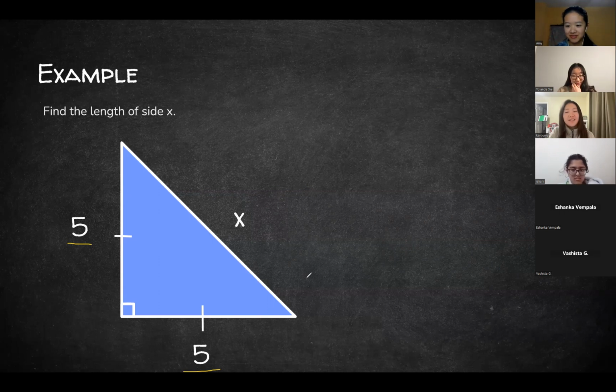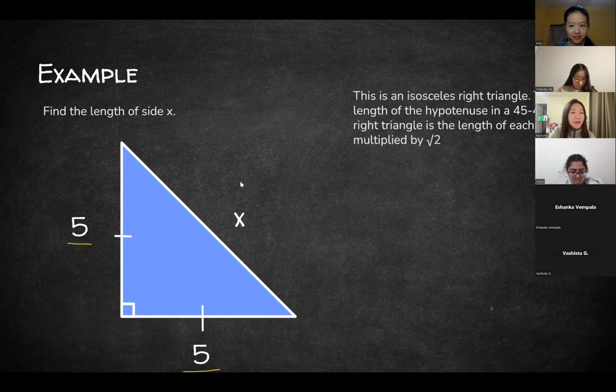What is x? So we don't have to put everything in decimal form usually. So we can just leave it as 5√2. Yep, perfect. Very simple.